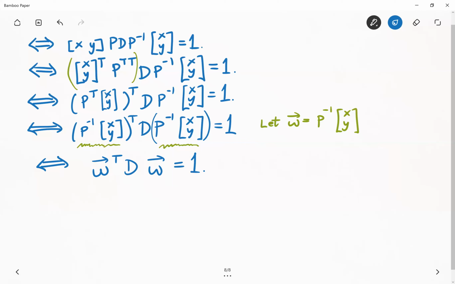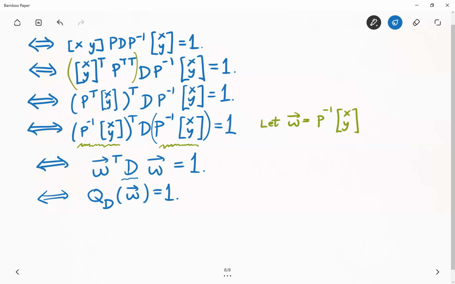And once again, this looks like a quadratic form, except now we have W as the input for the form. Instead of the matrix A left in the middle, we've kind of grouped terms, so the only matrix left in the middle is that matrix D. So I could actually rewrite this as the quadratic form with a matrix D of W is equal to 1.